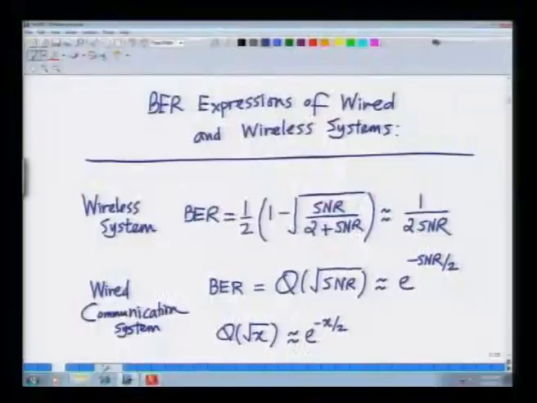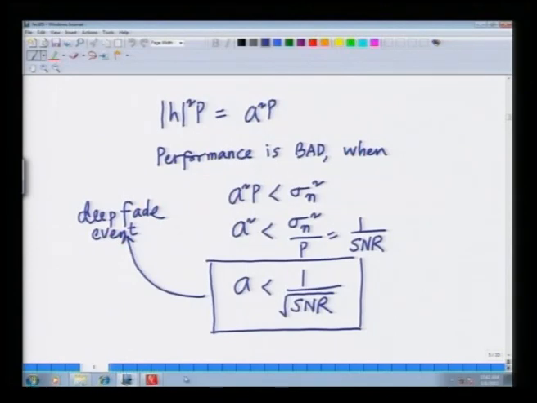Another very interesting reason we found for the poor performance of the wireless communication system is that the performance of a system is bad when the receiver power is much smaller than the noise power. That happens when a square P, which is the received power, is less than sigma n square, that is the noise power, which means a is less than 1 over square root of SNR.